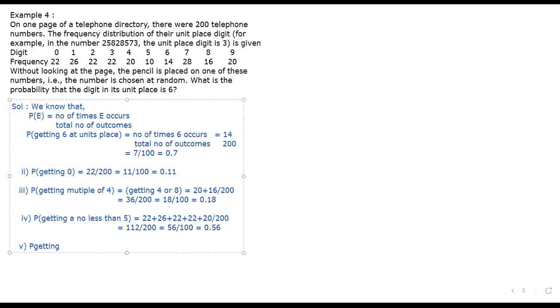P of getting a number greater than 9. This won't be the case because we are speaking about a unit. Okay, Charles, tell me. Units digit greater than 9, what is the probability?